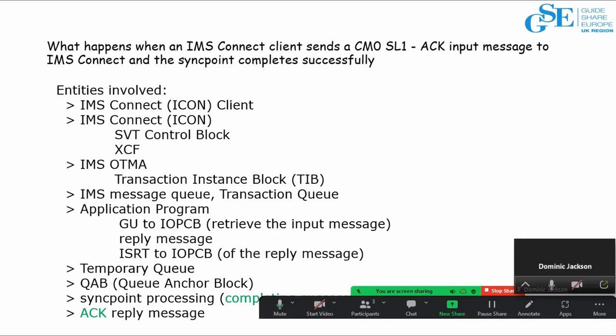Depending on the level of security setup, it does a few more things, including calling RACF or any other system authorization facility, or SAF, product installed in your shop. The input message will then be inserted into the IMS message queue, and enqueued on the transaction queue. After that, OTMA will free the TIB control block.